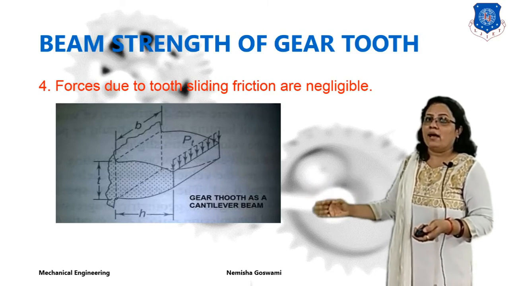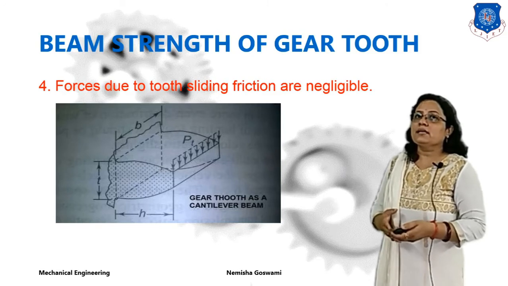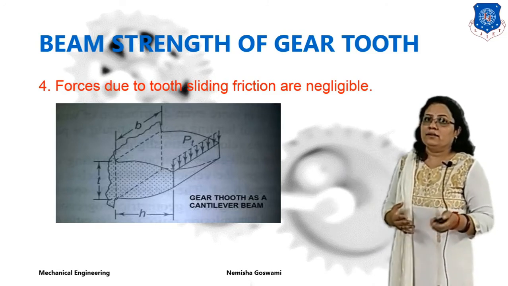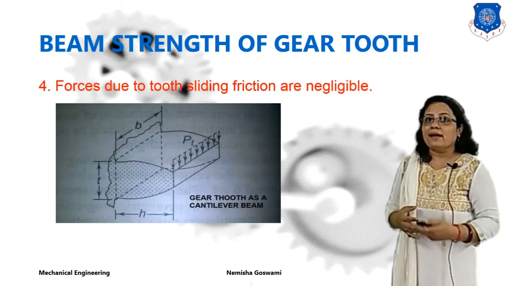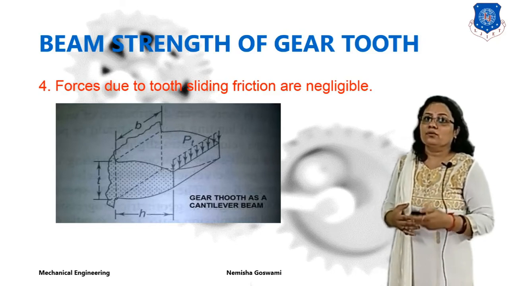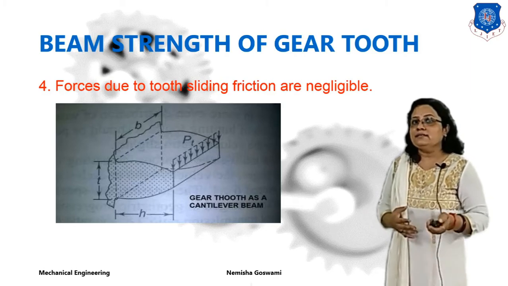Here h is the height and t is the thickness of the tooth. The last assumption is that forces due to tooth sliding friction are negligible. So we consider that the friction produced by the sliding action of the tooth is negligible.